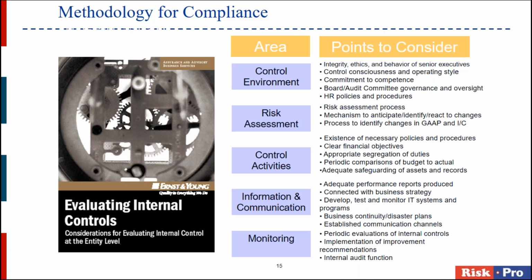It is important that there is a system of periodic evaluation of internal controls in the organization, and these are implemented for improvements as recommended, and the internal control function ensures that there is a continuous review of the entire process and systems in the organization.